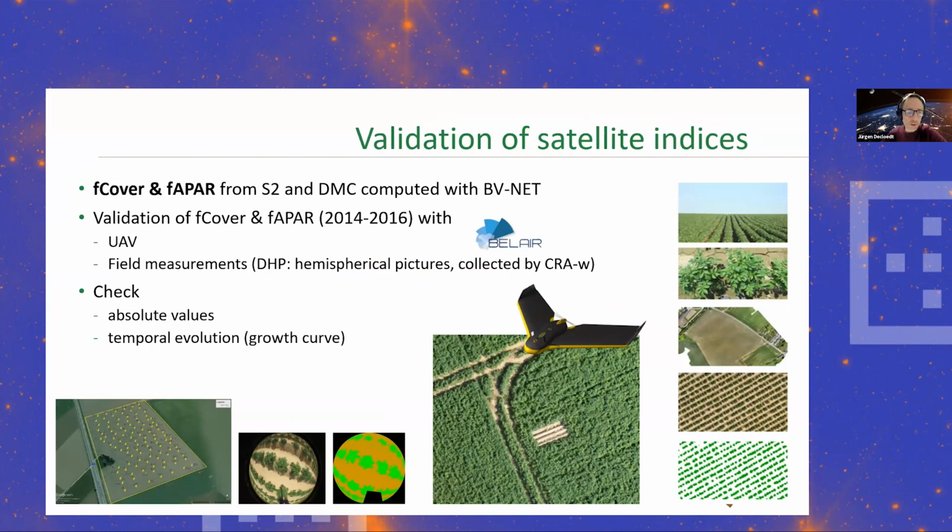So the validation focused mainly on FCover and FAPAR, but also later on LAI, so on leaf area index, and the algorithms that we used were provided by INRAE through the BV-NET algorithm.